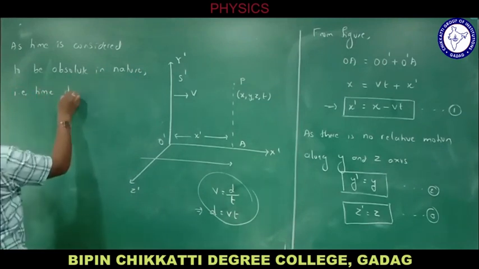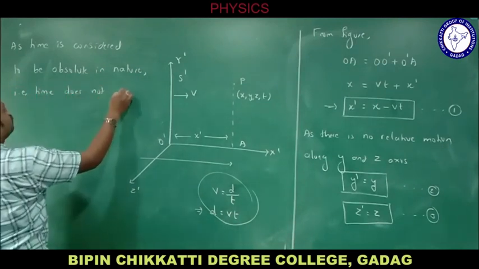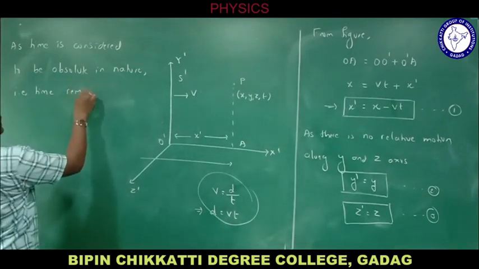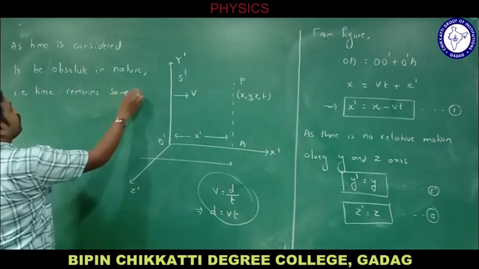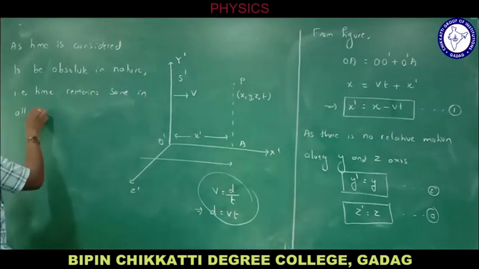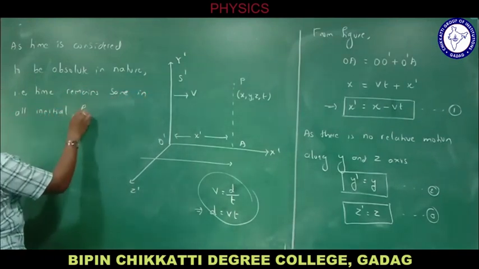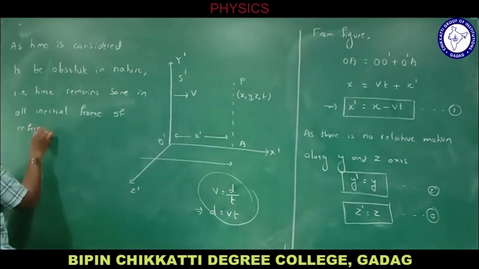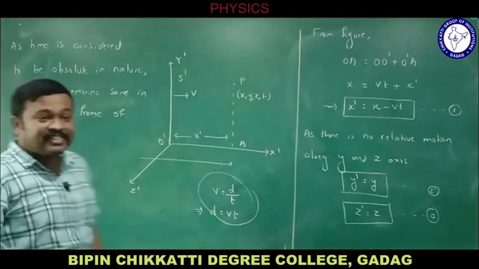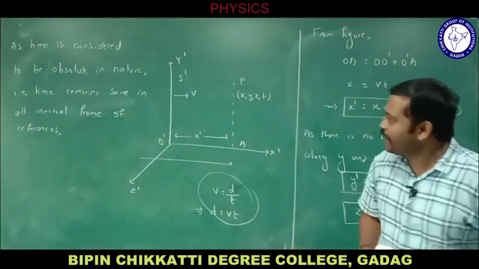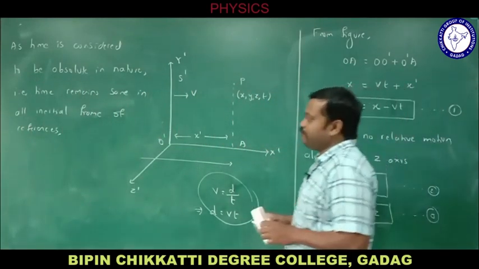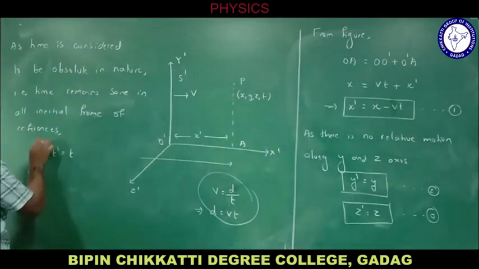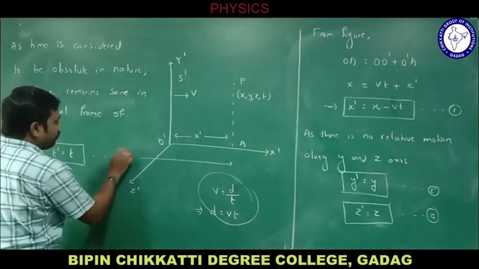Time does not change, that is, time remains the same in all inertial frames of reference. As time is considered absolute in nature, we can say t dash equal to t. This is equation number 4.